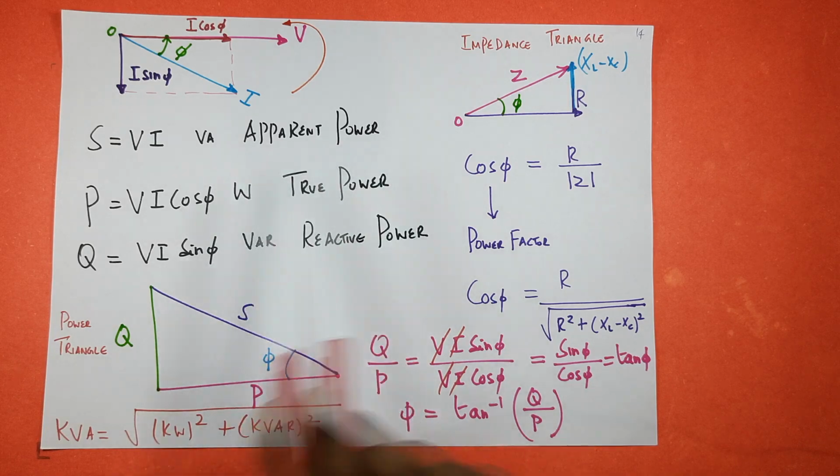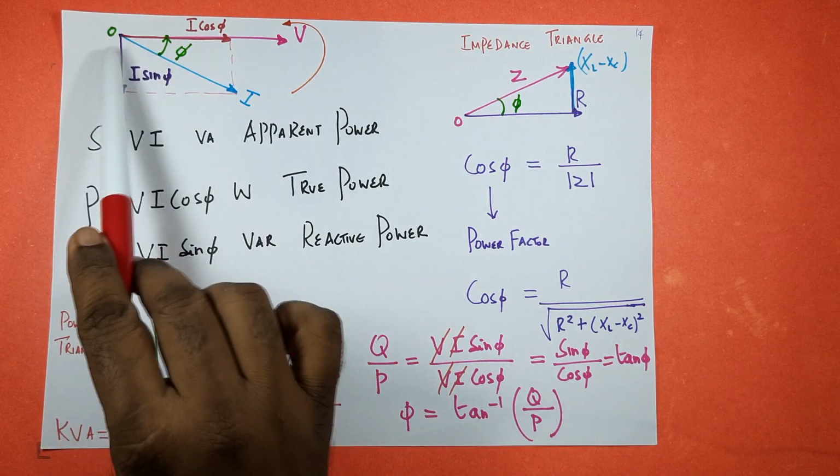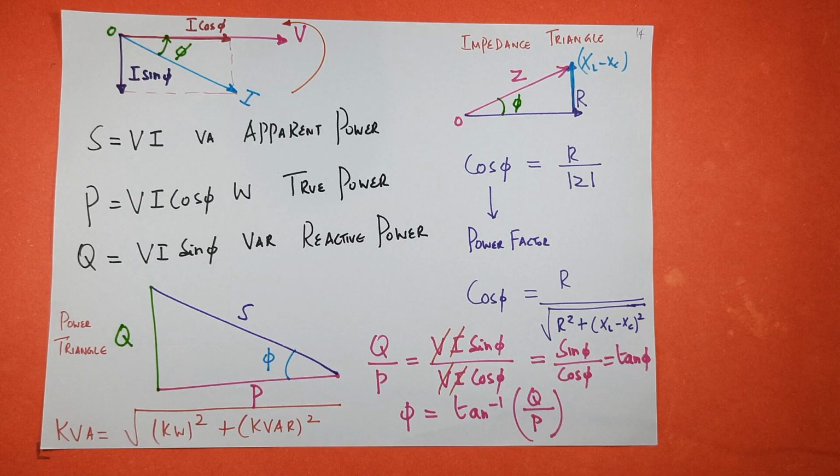This is the true power. True power is the actual power consumed by the circuit. So P equal to VI cos phi watts. If you multiply this vertical component with this voltage, that is called Q equal to VI sin phi VAR, volt ampere reactive. So this power is called reactive power. S is the apparent power, P is the true power, Q is called reactive power.